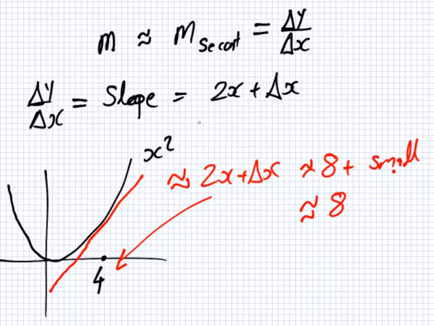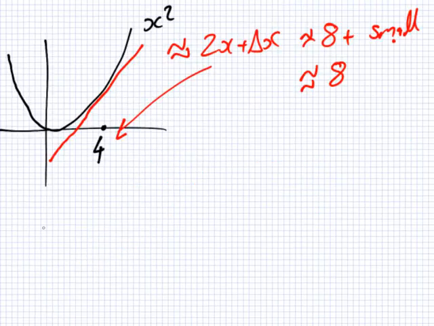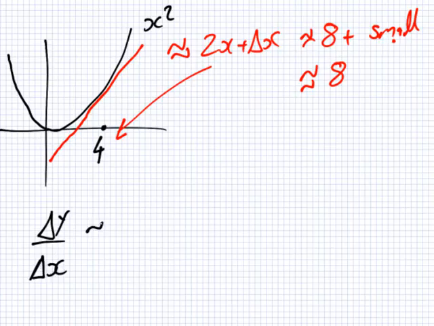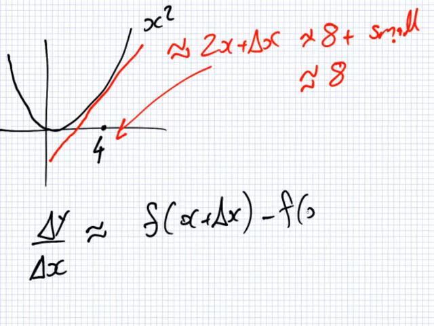So for this lesson, we're using this method called first principles. Just to give you the formula, if you want to calculate the slope of the tangent by saying it's roughly the slope of the secant, you can say that it's roughly equal to f(x plus delta x) minus f(x), over delta x.